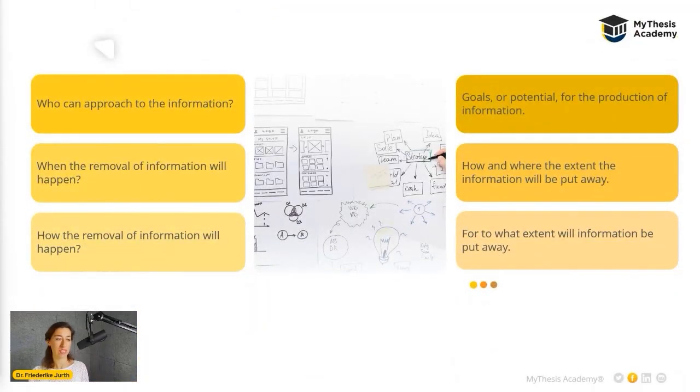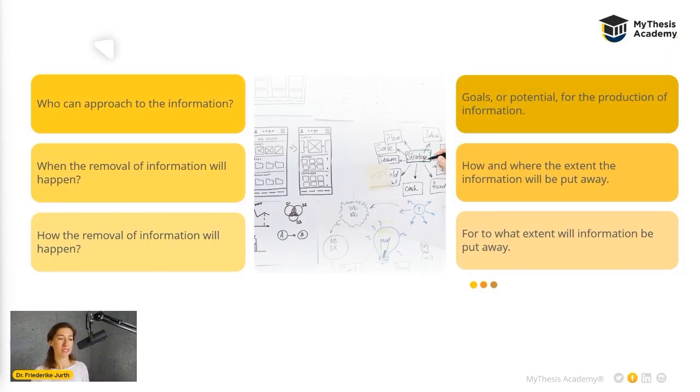To get on with this issue, there are some additional aspects. For example, you need to keep clear who can approach the information, in which way the information will be published, and whether it will be open to the public or not.